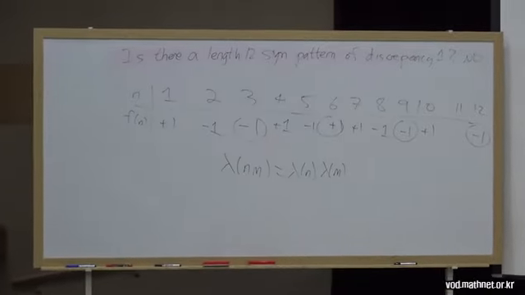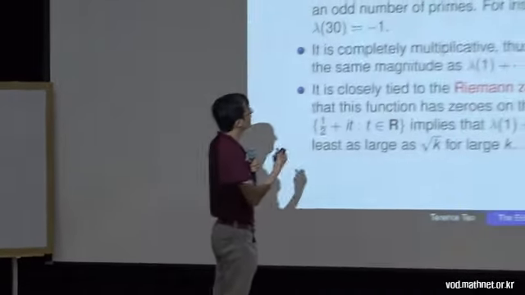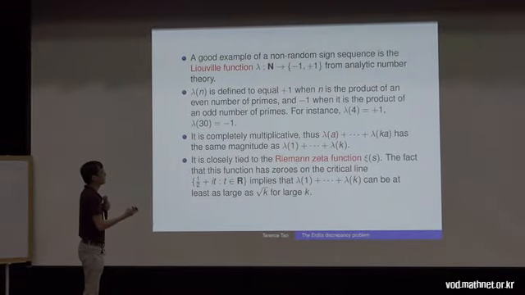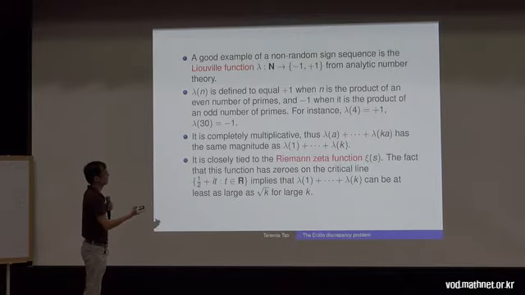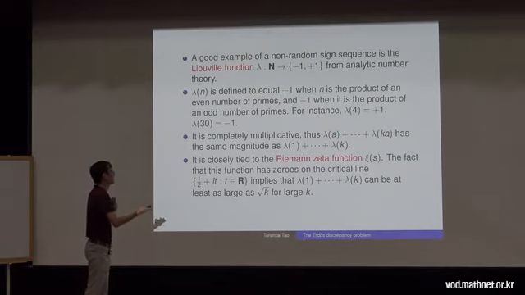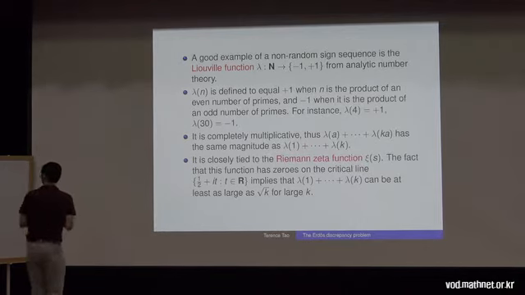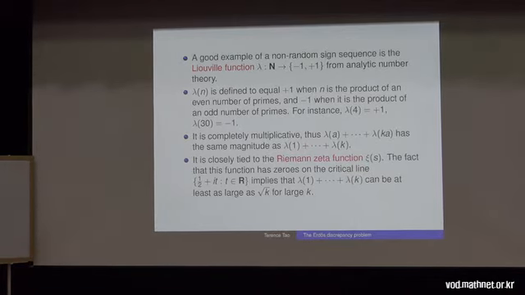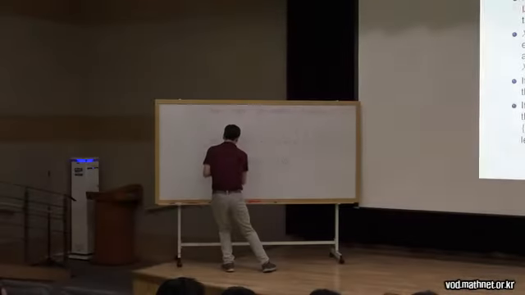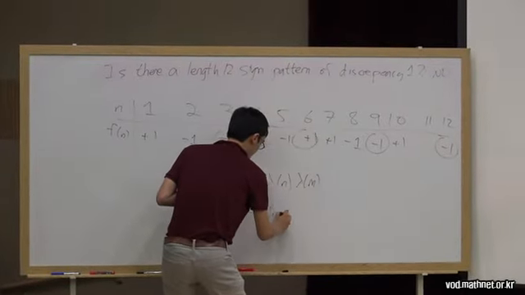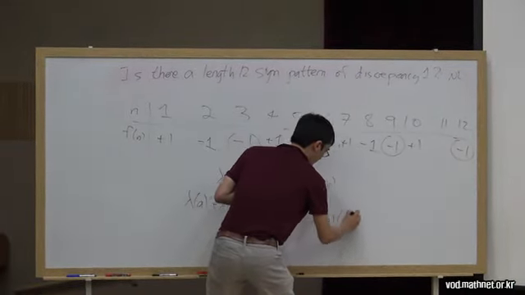One consequence is that if you try to sum this function on any progression, lambda of a plus lambda of 2a up to lambda of ka, you can just pull out a factor of lambda of a from the sum, and this expression is just plus or minus the first partial sum of lambda.